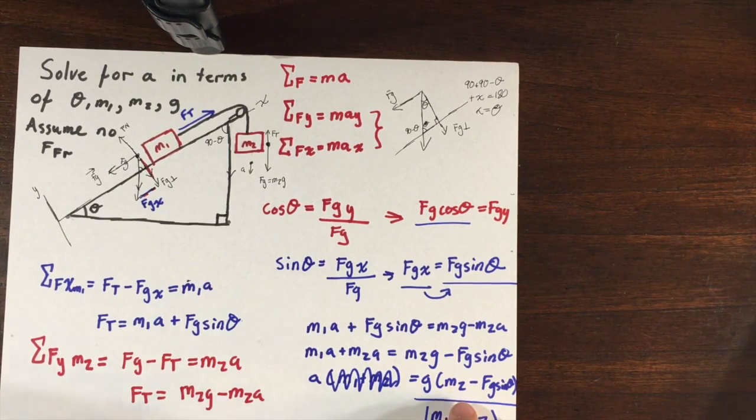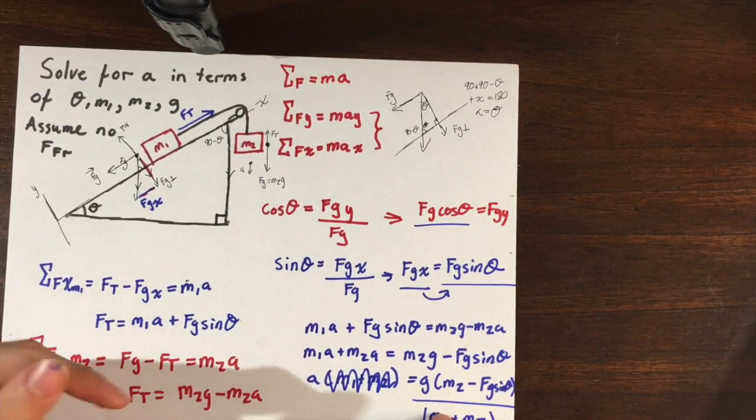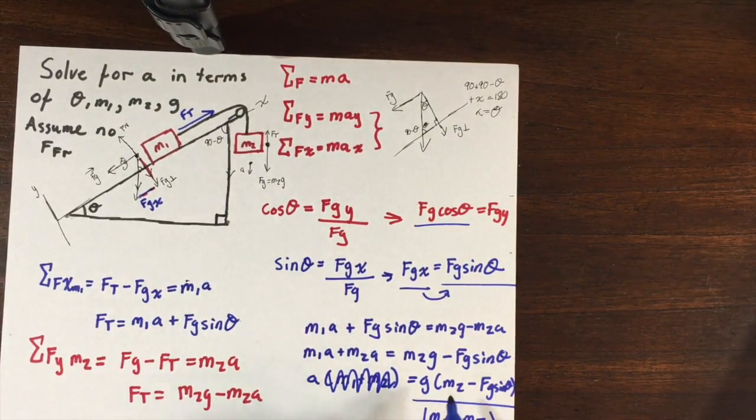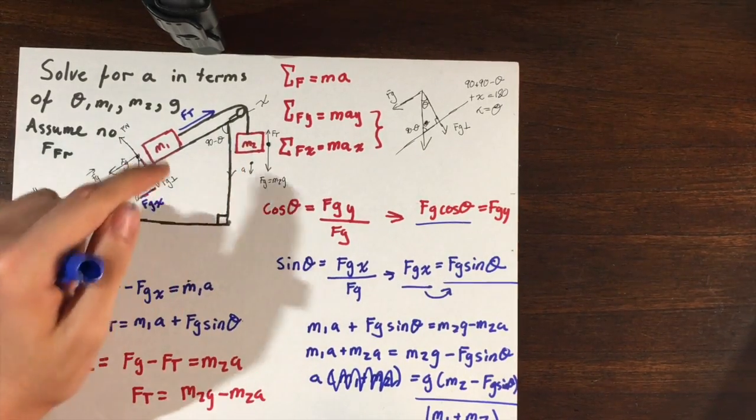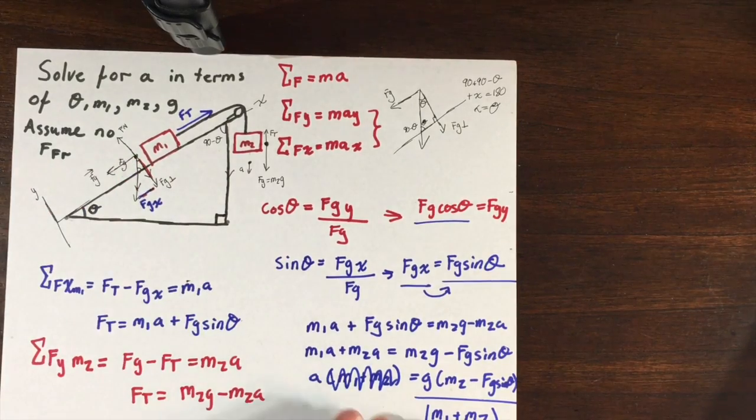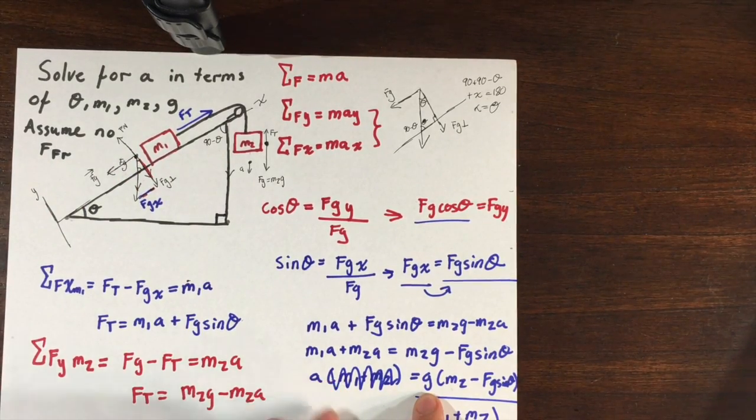So there's no way that I can get acceleration equal to or greater than 9.80 meters per second squared. It's impossible. You cannot have a free-falling object in a pulley system. No matter what my masses are, no matter how great mass 2 is, and no matter how small mass 1 is, I'm always going to get a number for acceleration less than 9.80 meters per second squared. And there you have it.